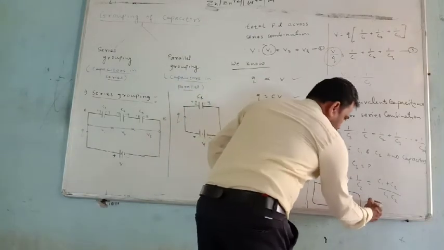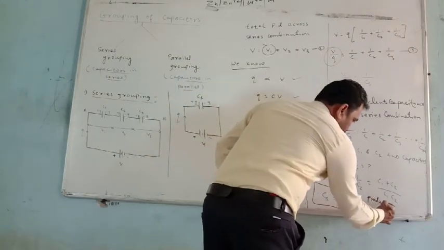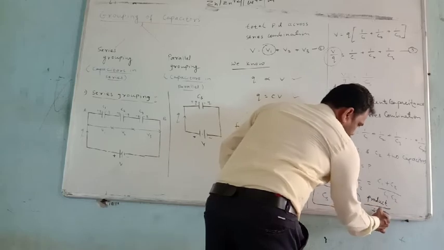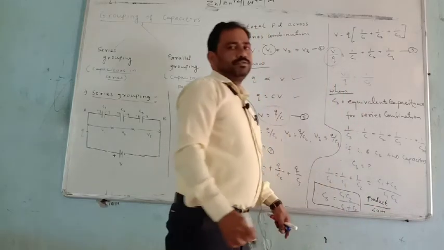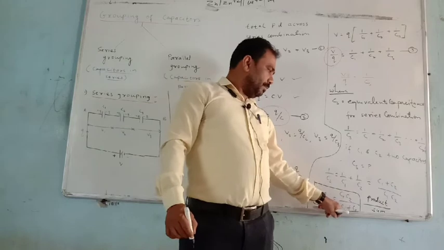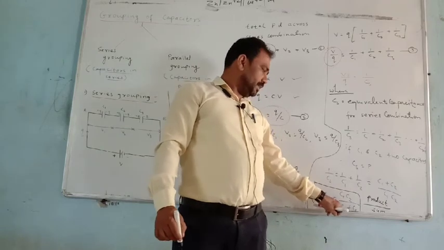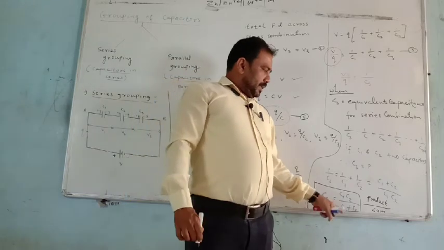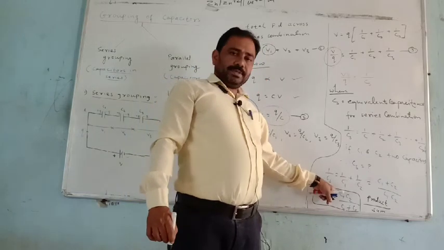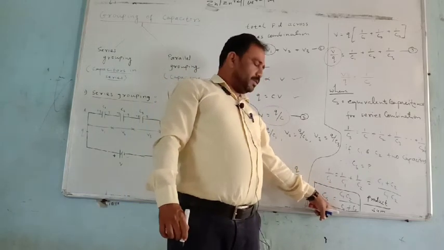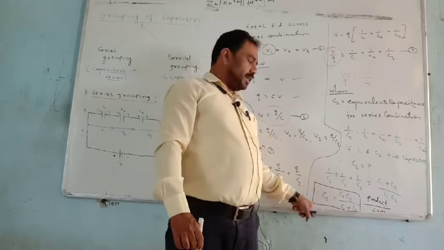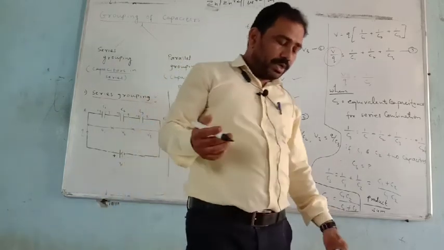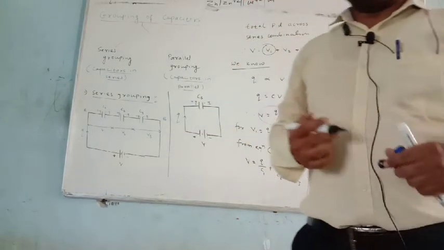So we can write product upon sum: the product of the two capacitors, C1 into C2, upon the summation of the two capacitors, C1 plus C2. This ratio is called the equivalent capacitance when two capacitors are connected in series.